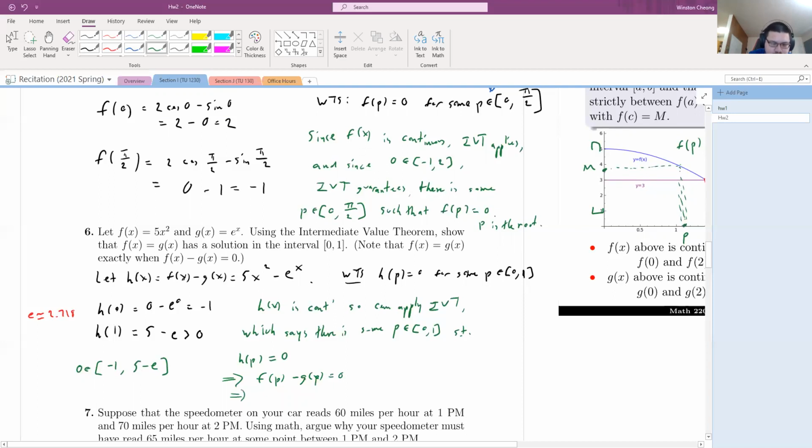Then we can move this evaluation, this number, to the other side. And then I can explicitly say this p is, for some p, not just for p, but trying to be precise, for some p in the interval 0 to 1.